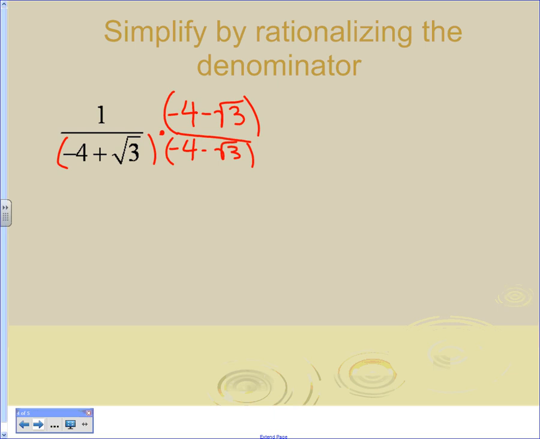For the numerator, what are we going to have? Does that make sense? Okay. What are we going to have for our denominator? 16.